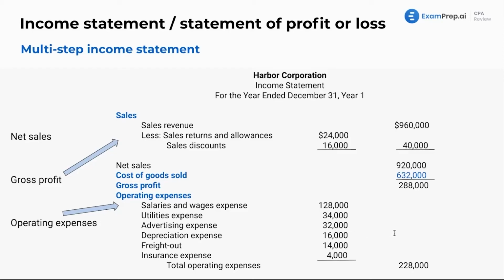So here, this is going to give us total operating expenses of 280, sorry, 228. Little mix up there. See, just like on the test, these numbers are similar, but don't let them mess with your head too much. That is going to give us a total net income of 288 minus 228, which is $60,000.